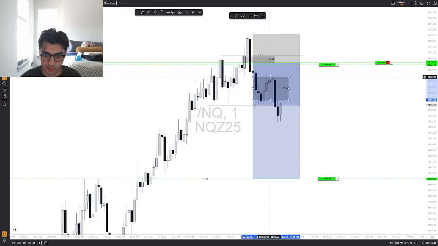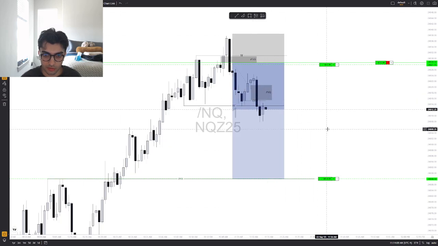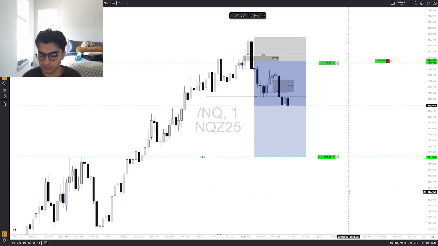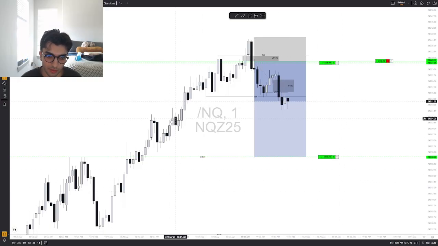Now we have this gap to go off of. I'm expecting slippage here. It's having a hard time. I don't know, what are we breaking?